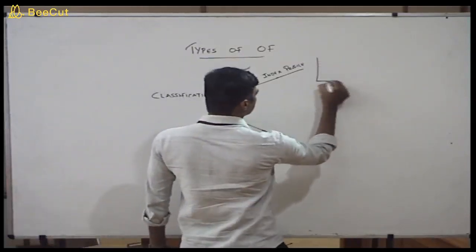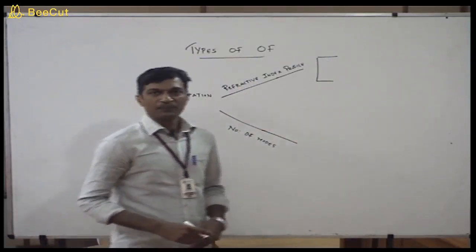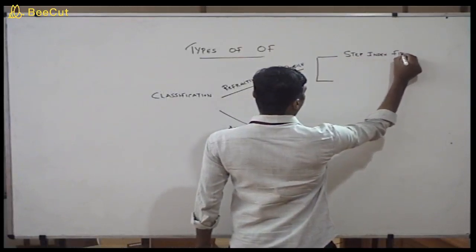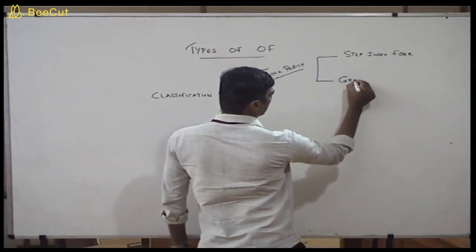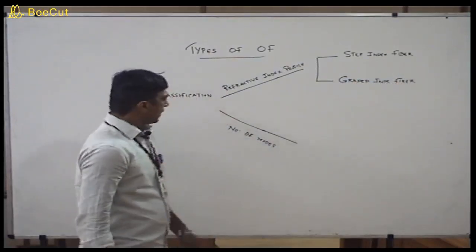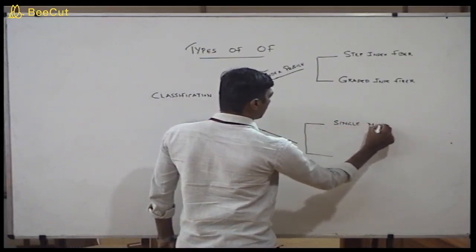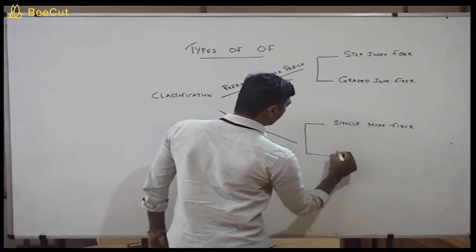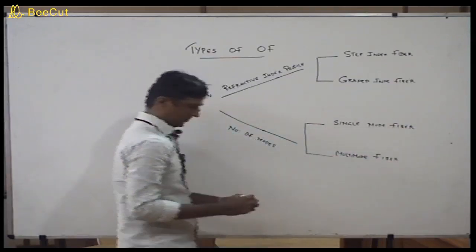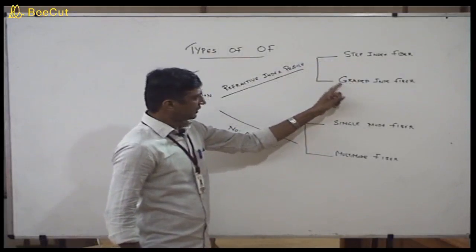Based on the refractive index profile, we have two different types of optical fiber: step index fiber and graded index fiber.